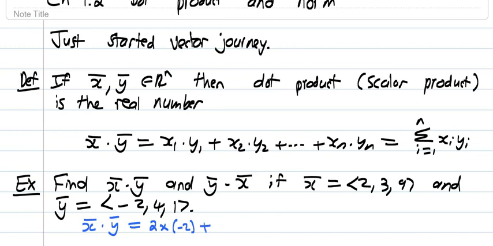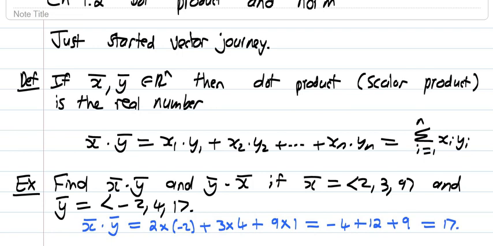Then the second component of x is 3, and the second component of y is 4. And then the last component of x is 9. We multiply it with 1. So what is this? This is minus 4 plus 12 plus 9. So minus 4 plus 12 is 8. 8 plus 9, that works out to be 17.